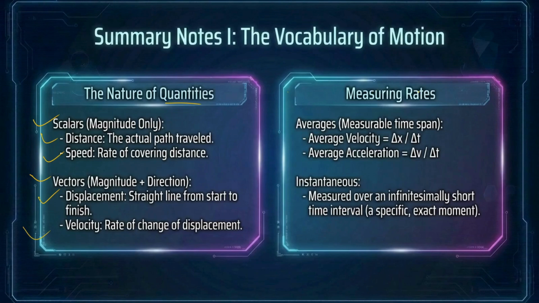Now the measuring rates: we already saw average velocity and average acceleration. For the instantaneous, we need the velocity at a particular time, like at 2 seconds. We need instantaneous velocity, not the average one, at the exact moment, and we can measure it from the graph.